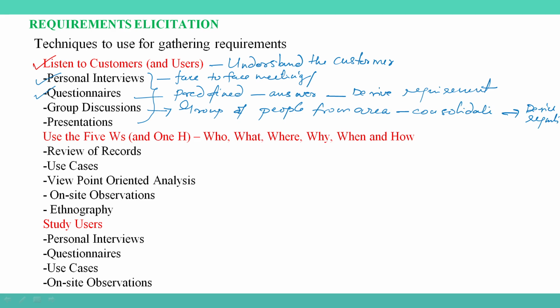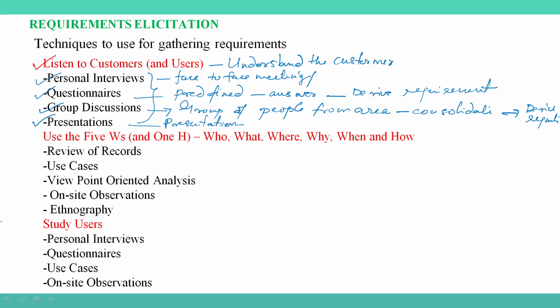And finally you can have presentations. Presentations, in the sense, whatever has to be represented is put into the form of a presentation. So this is the way you can go for understanding the customer. The same thing can be applied, okay, fine, let it be there, then we will come into that.